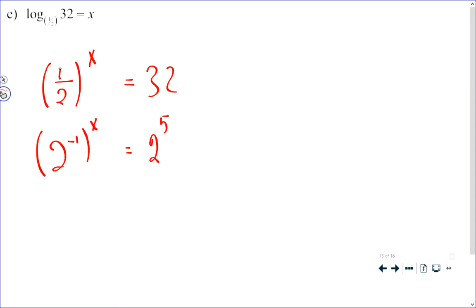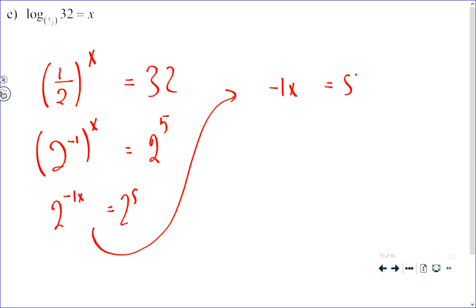Now that we have a common base, let's pack these exponents together. Negative 1 times x is negative 1x. When you have a power of a power, you multiply the exponents. Now that I have the same base on each side, I can say that the exponents must be equal. When I divide both sides by negative 1, I get x equals negative 5.